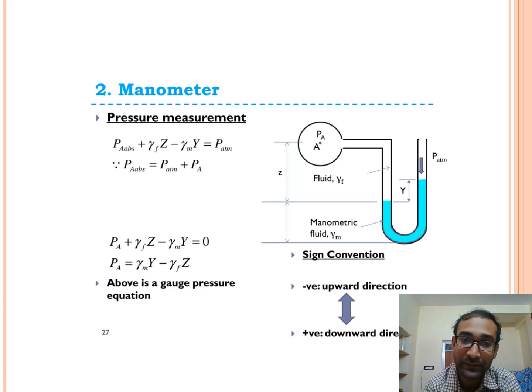The left hand side pressure is PA plus gamma F into Z, and the right hand side is P atmospheric plus y into gamma m, where gamma m is the specific weight of the manometric fluid. If the left and right hand side pressures are equal, we can find the pressure of any fluid.